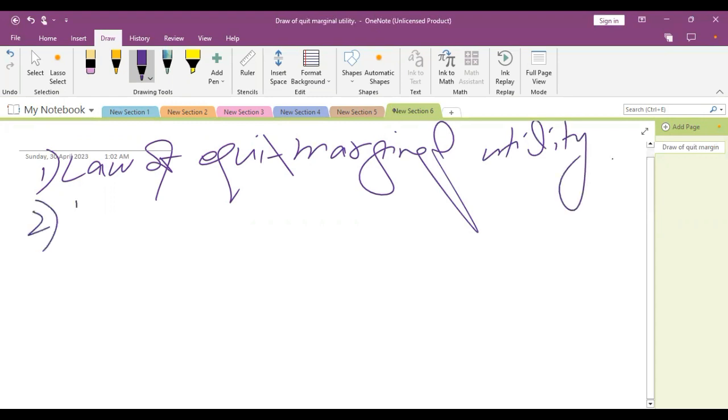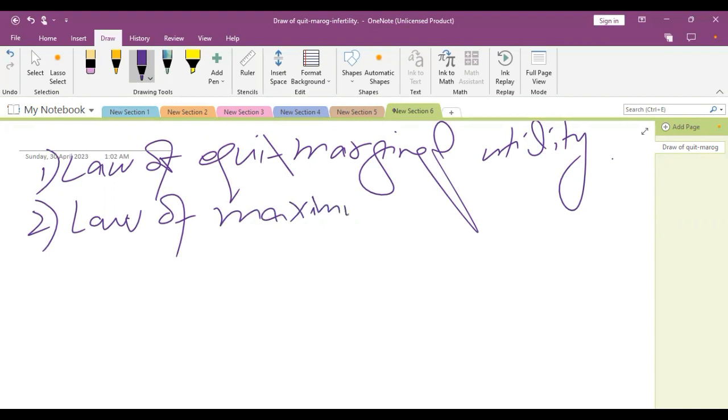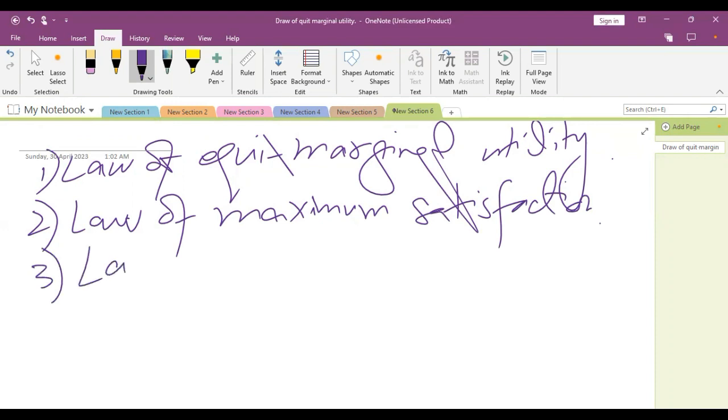Second name is law of maximum satisfaction. Third name is law of substitution.